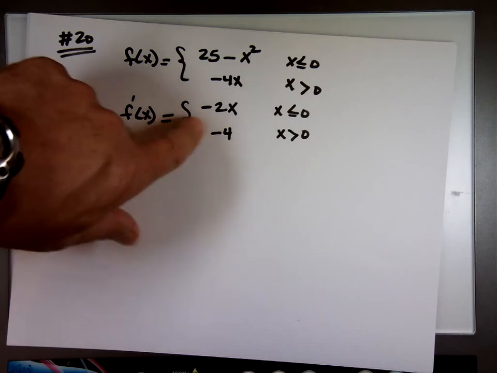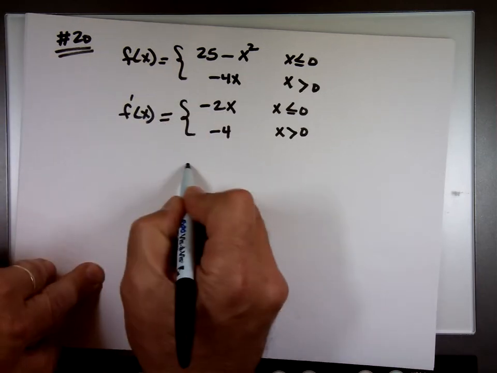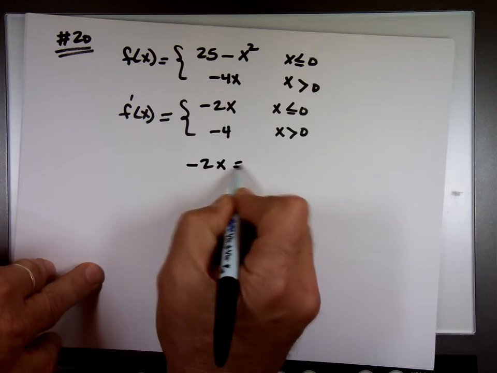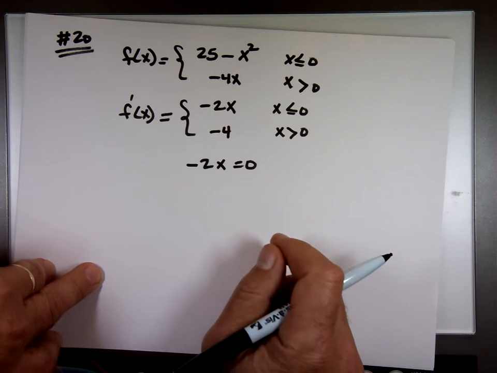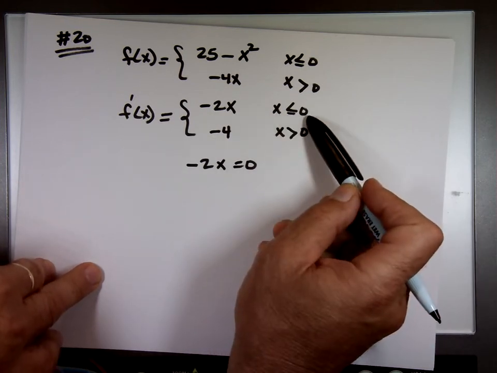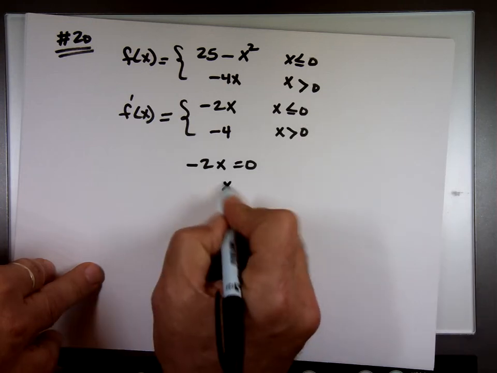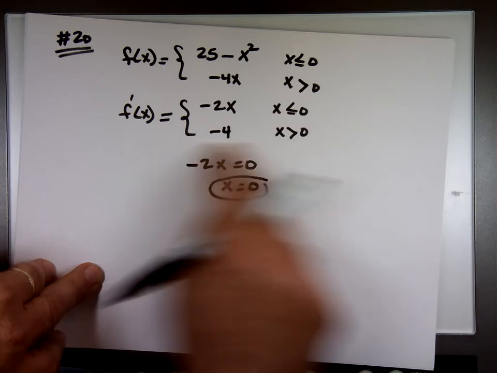Derivative is fine here. Take the derivative, set it equal to 0. You have to use the top equation. Why? Because it's for x less than or equal to 0. So x will have to be what? 0.